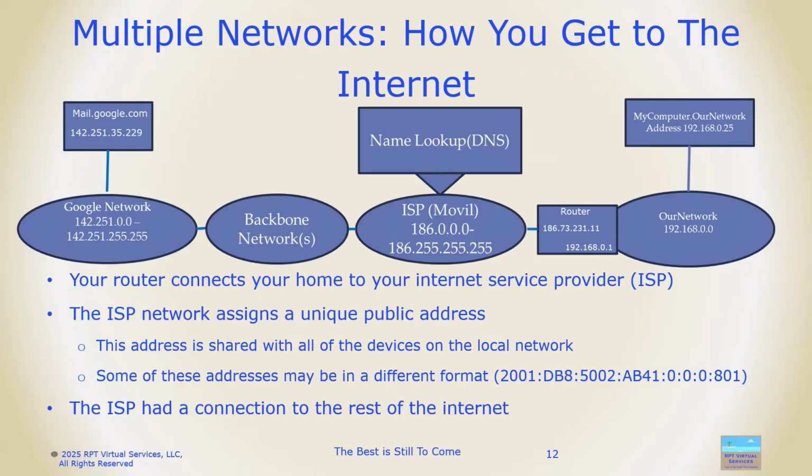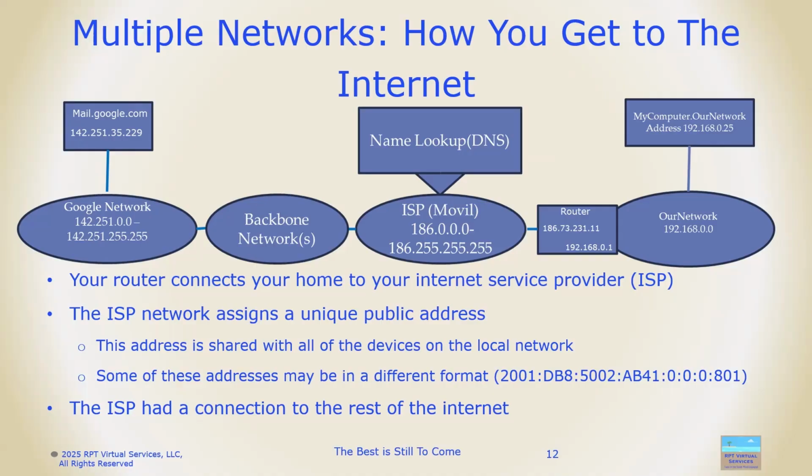One of the addresses is the one on our network, and it's generally 192.168.0.1. But it also has your public address that's assigned by Mobile. So in my case, assigned by the ISP.